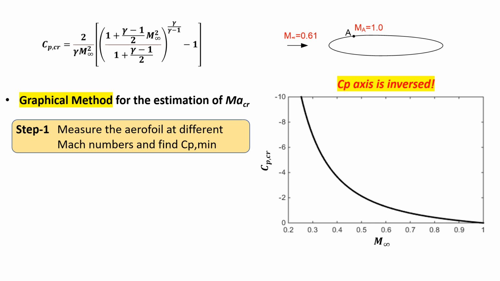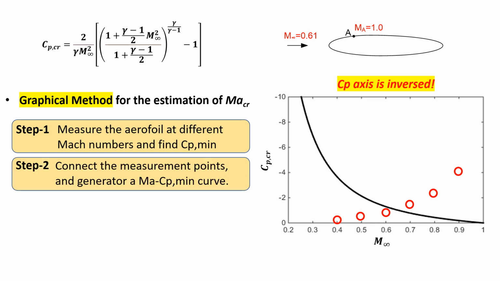For example, we start measuring at 0.4, and then we find the minimum pressure over, for example, the upper surface. Why minimum pressure? Because if the pressure at that point is minimum, it has the highest Mach number. Assume we've done several measurements and got the minimum pressure coefficient at each flow condition. So now we have 1, 2, 3, 4, 5, 6 points. That's our measurement.